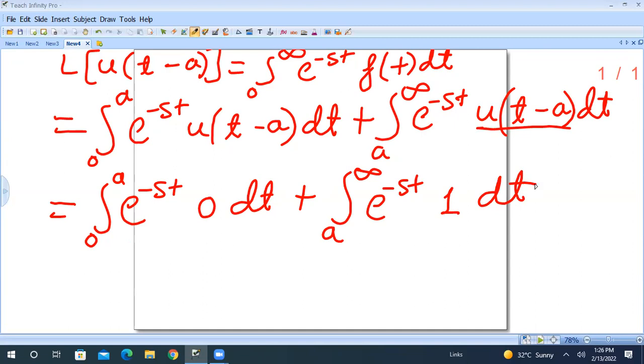So the whole first term will be 0, plus integration a to infinity e to the power of minus st.